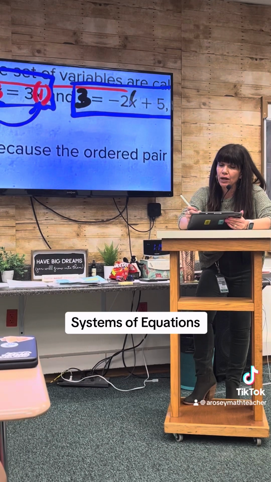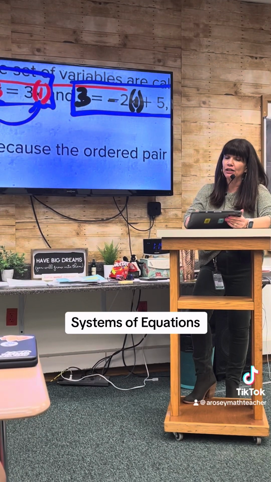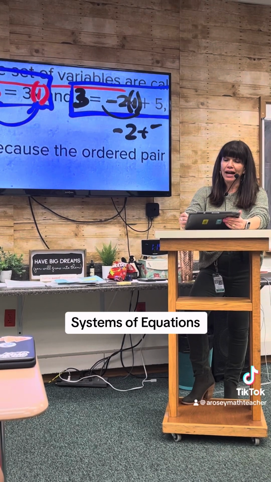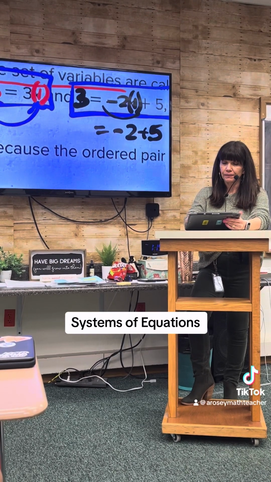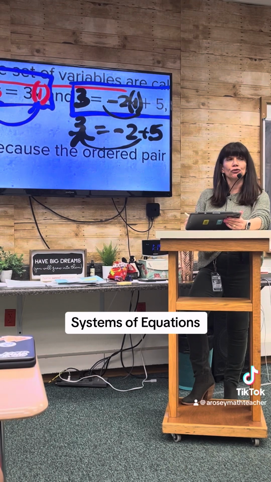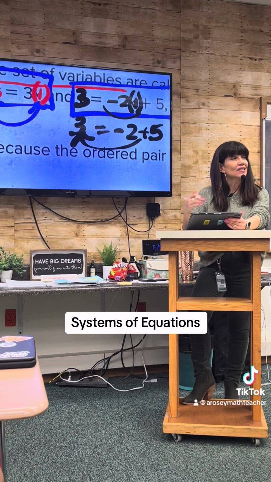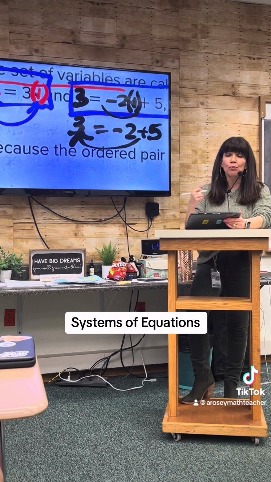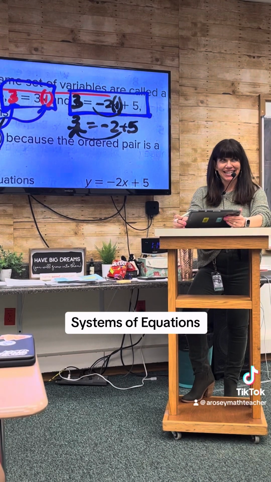Okay? Also doing 1. Now, guys, what's negative 2 times 1? Negative 2. Add 5. What do you get? 3. Oh, look. You do get 3. Did the same ordered pair work as a substitute in both equations? Yes.